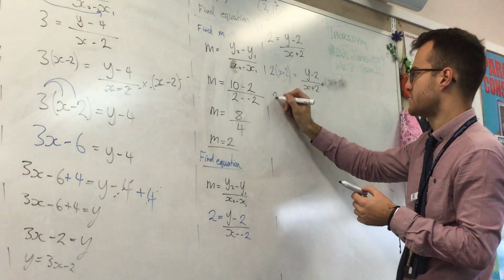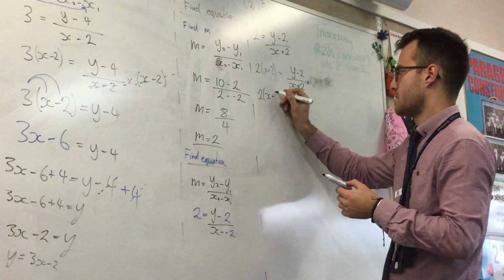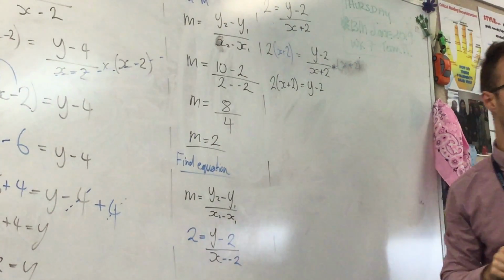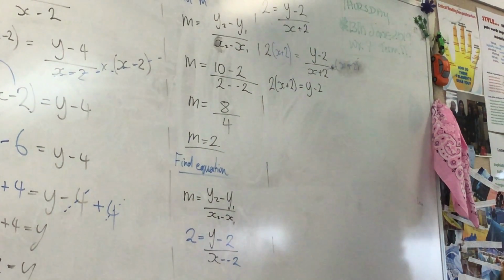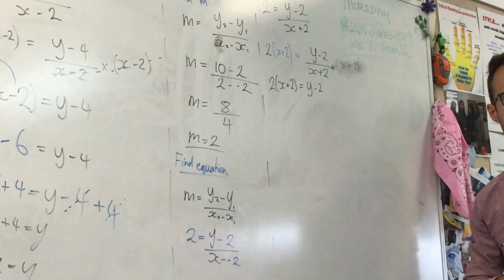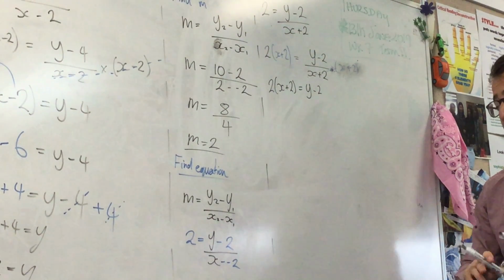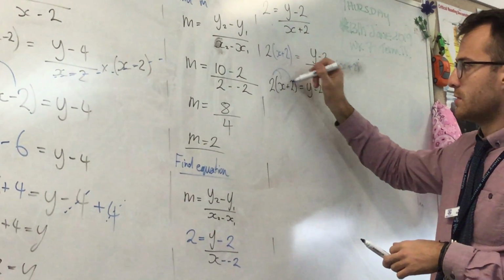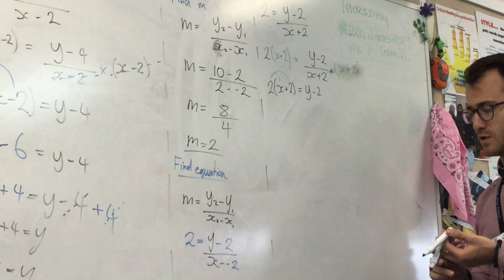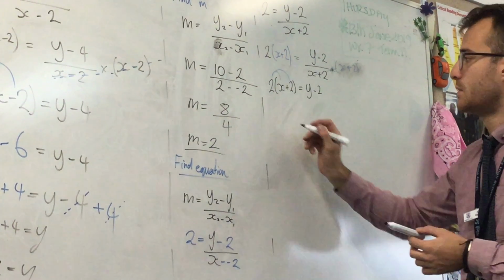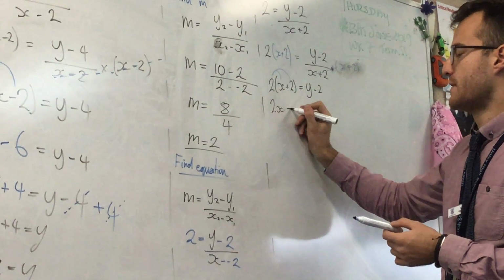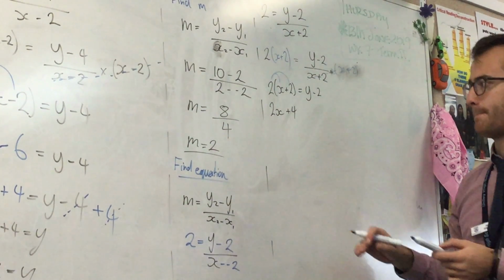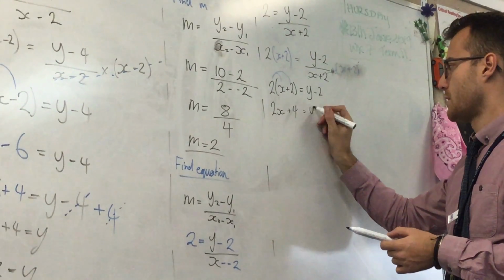And that will leave us with 2 times x plus 2 equals y take 2. Beautiful. So next step, you want to expand. Sweet. So we'll use that distributive law, like that. What's that going to give us? 2x plus 4, so like 2 times x plus 2 times 4, equals y take 2.